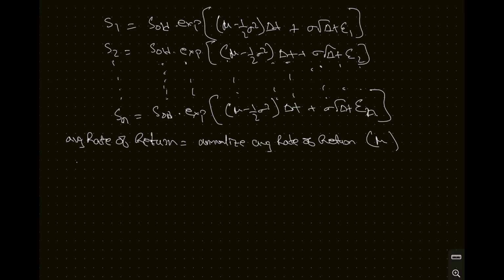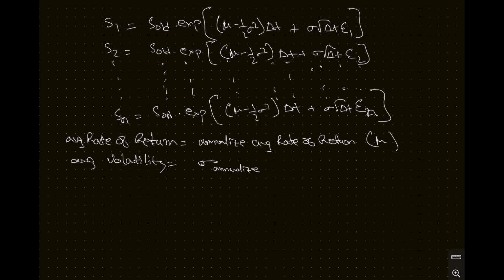Then we get average volatility, that is annualized sigma: the average standard deviation times root 252 gives us the annualized volatility.